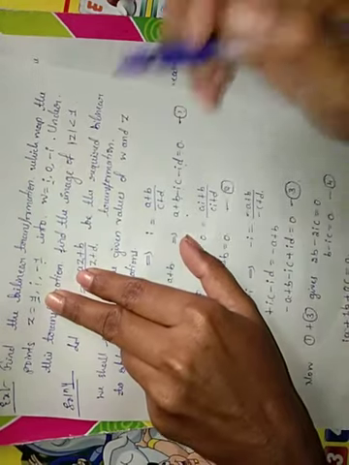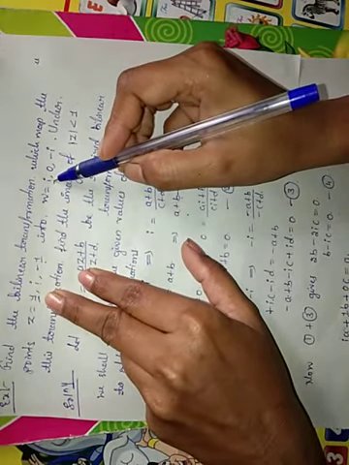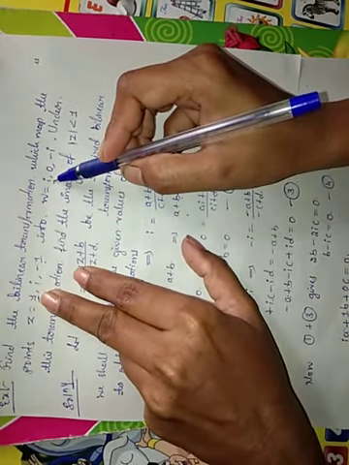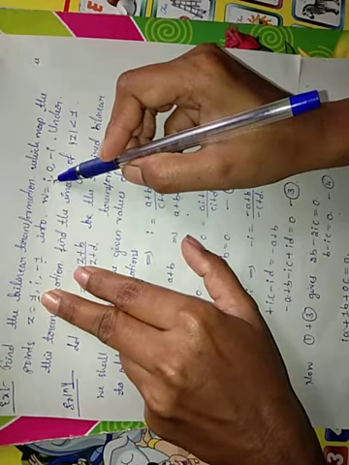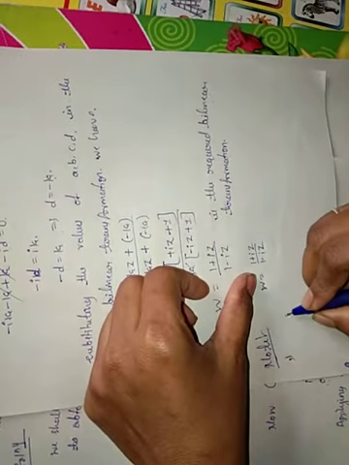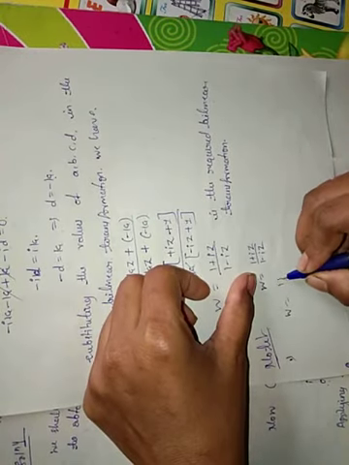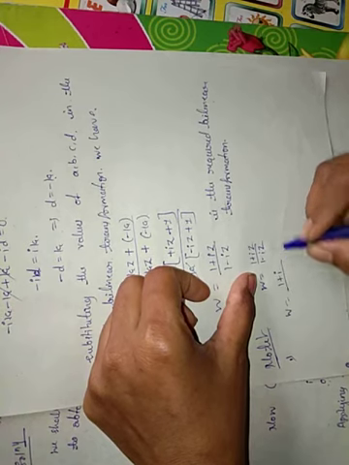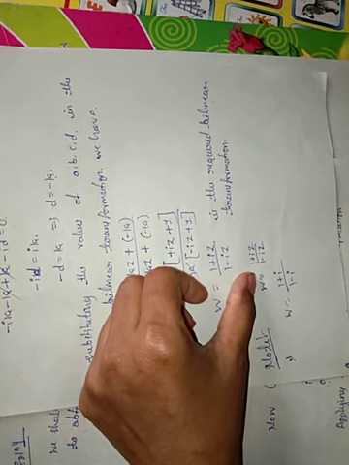See here, z equal to 1, w equal to I. So if you put z equal to 1 in the bilinear transformation, you should obtain w equal to I. So I am going to put z equal to 1 here: 1 plus I divided by 1 minus I.